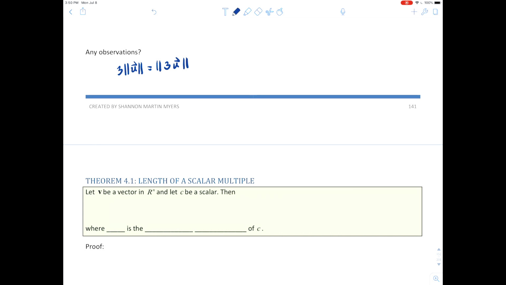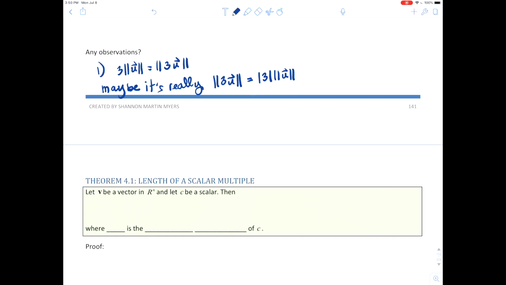So maybe the magnitude of 3 times u, maybe it's really the absolute value of 3 times the magnitude of u. I bet that's the case. All right. Okay. So, and then what did we also notice?